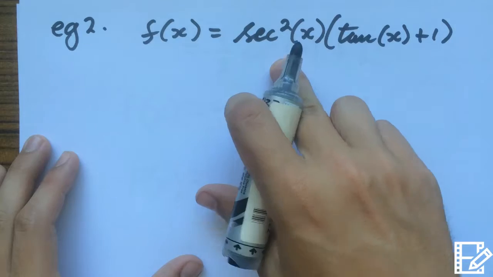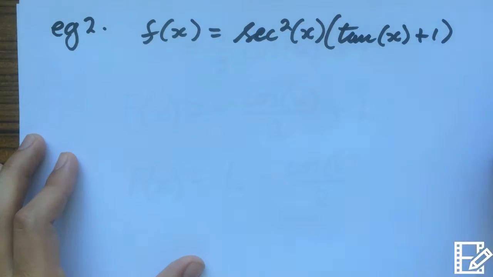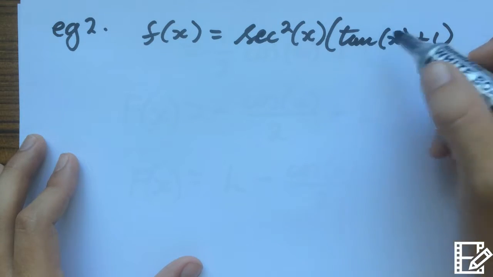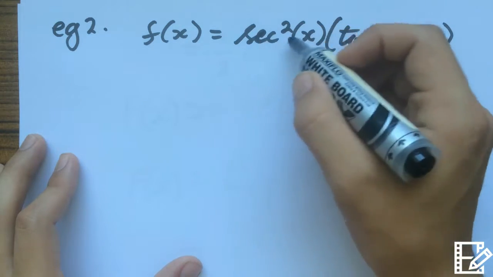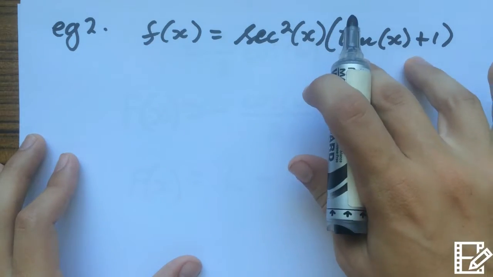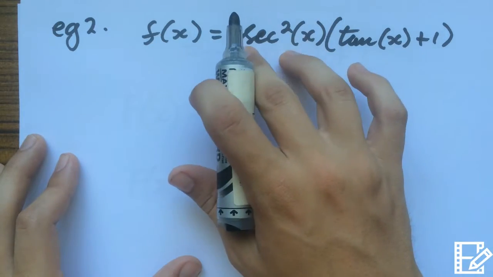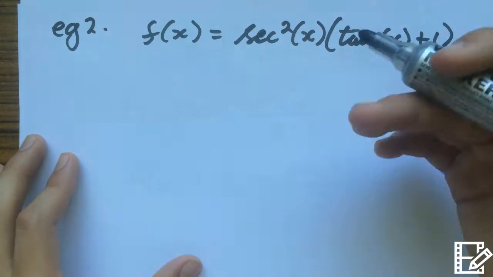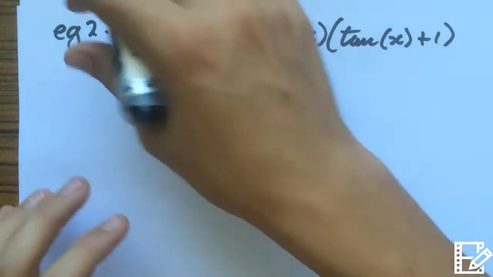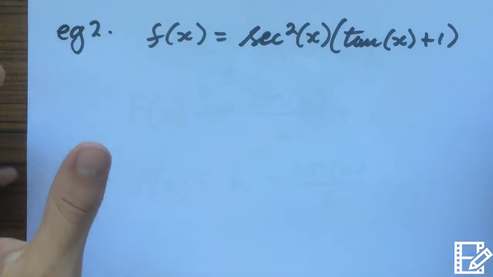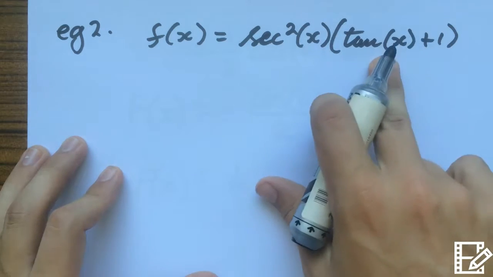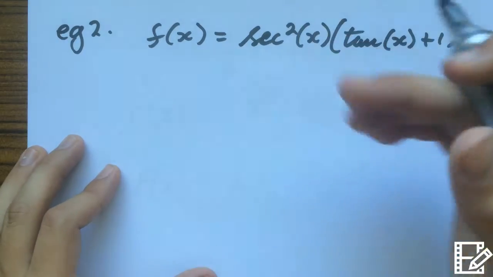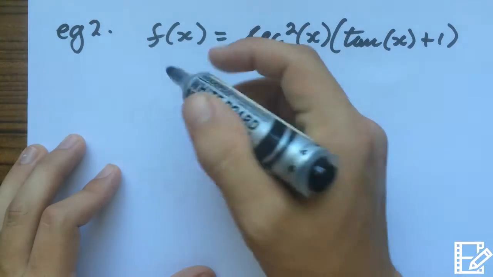Now, we have a function multiplied by a function, and if you were to derive one of the functions, you would end up with something that looks similar to or is the other function. Hopefully that makes sense. I'm terrible at wording stuff like that. But anyway, if we derive this, we get something similar to this or the exact same, and that's what we're going to try and find because we can.